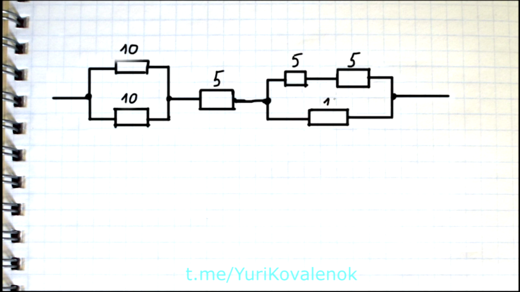So in the first section, if you apply the parallel resistance formula, you will get the equivalent resistance of the first section of 5 ohms. I hope it's simple. As you can see, nothing needs to be done with the second section. This is 5 ohms.